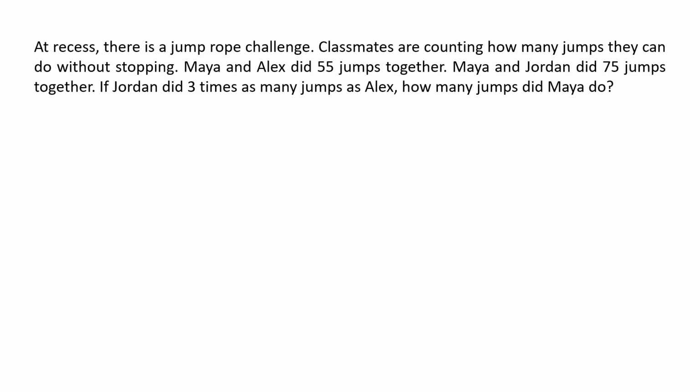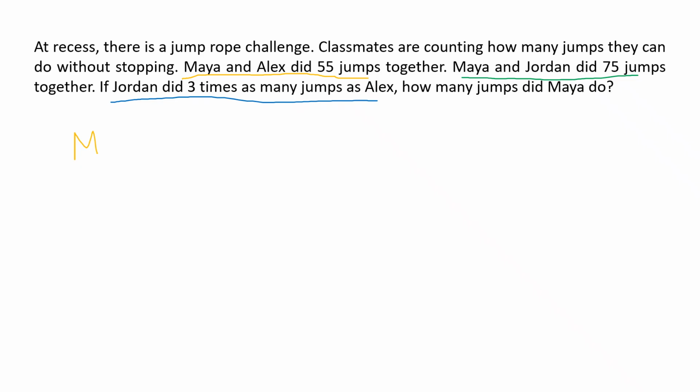So with word problems, there's just way too many words, so you always want to just underline key information. We know that Maya and Alex did 55 jumps together, and at the same time, Maya and Jordan did 75. And the last bit of information is Jordan did 3 times as many jumps as Alex, right? So let's think about this a bit.